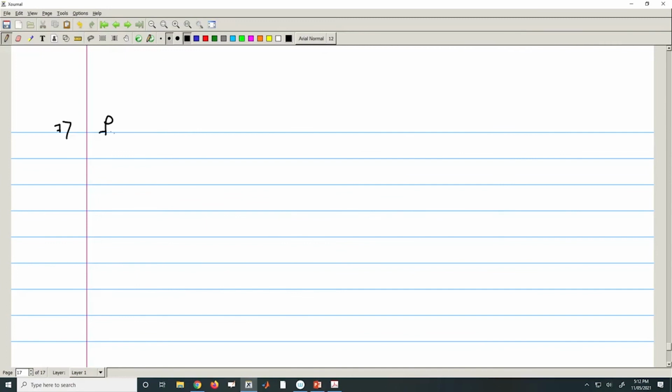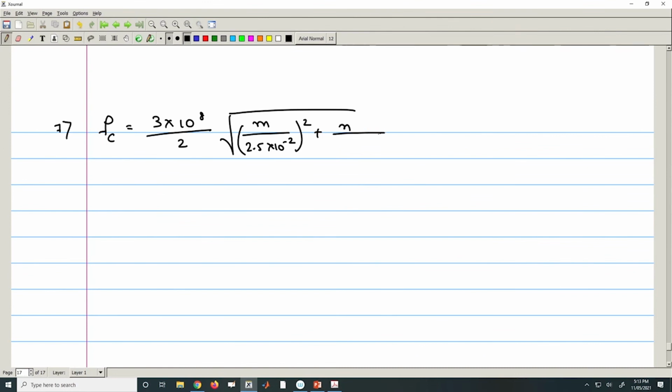So, Fc is, we can write like 3 into 10 to the power 8 upon 2 root over of m upon, so it's 2.5 centimeter. So, 2.5 centimeter square plus n upon, so this is the cutoff frequency.